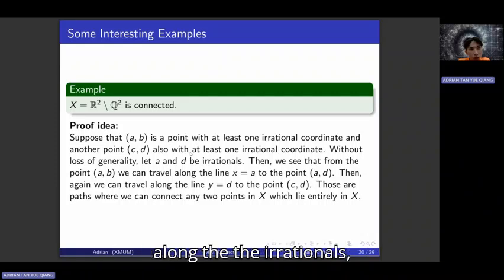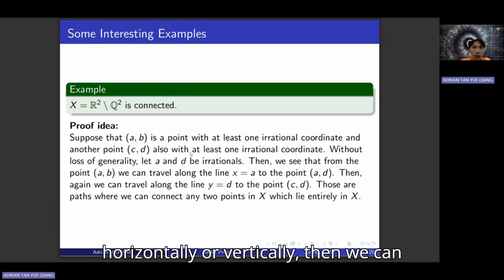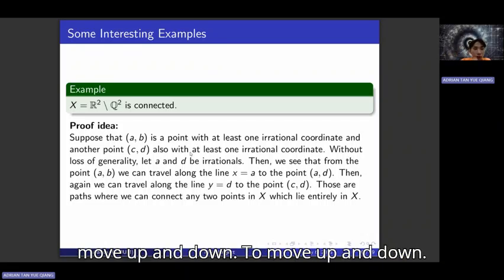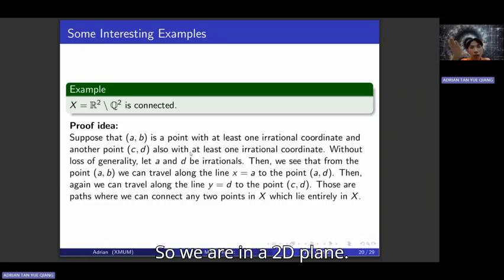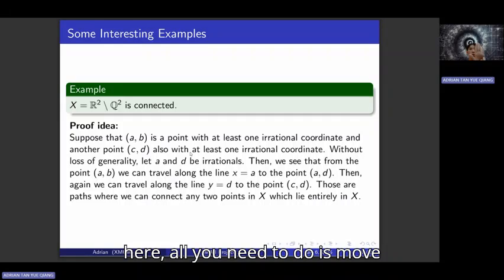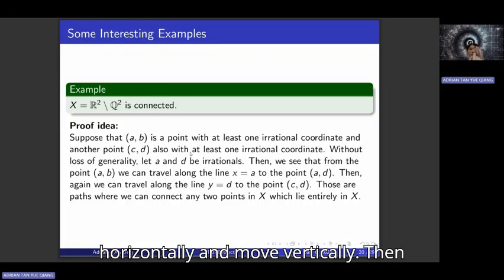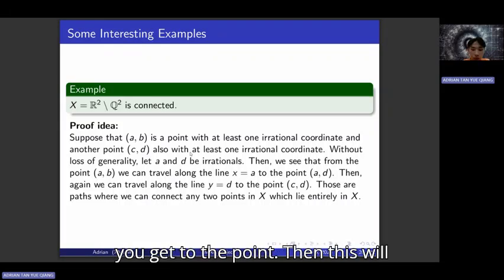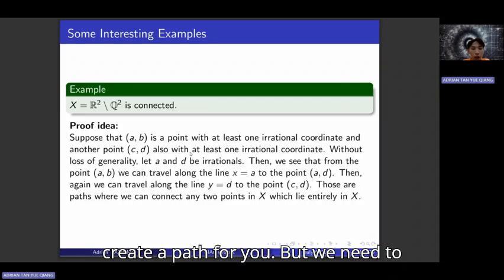Then if we move along the irrationals straight, either horizontally or vertically, we can move up and down. We are in a 2D plane, so if you want to go from here to here, all you need to do is move horizontally and move vertically. Then you get to the point, and this creates a path for you.